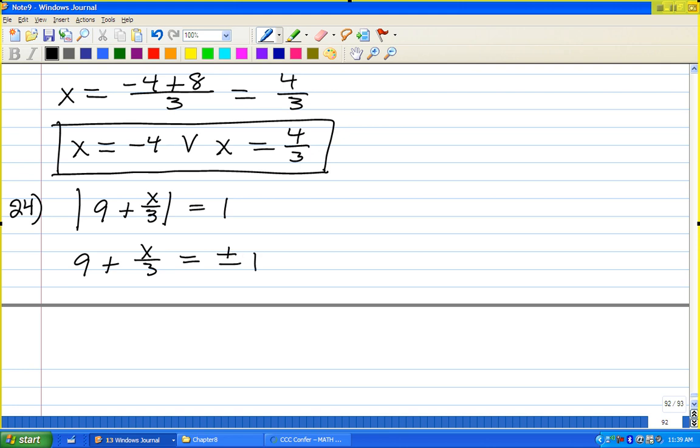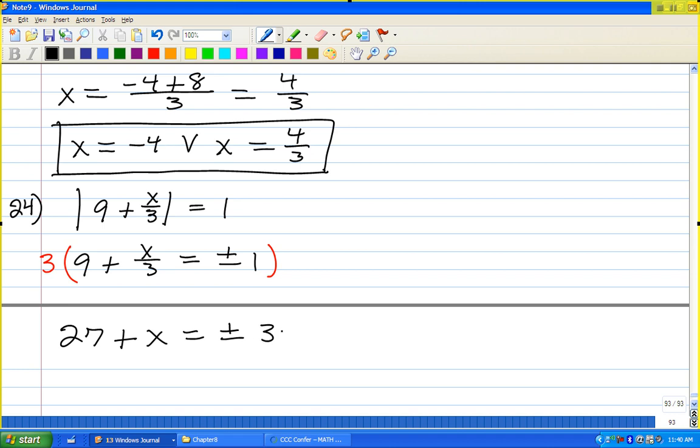Let me get rid of the denominator. So let me multiply both sides of my equation by 3. 3 times 9 is 27. The 3's cancel, so I get x. Three times plus or minus 1 is plus or minus 3.